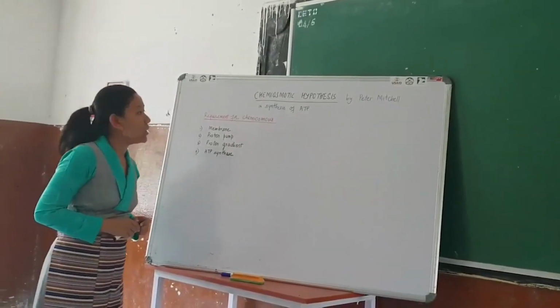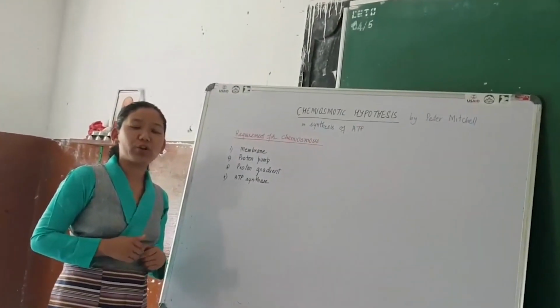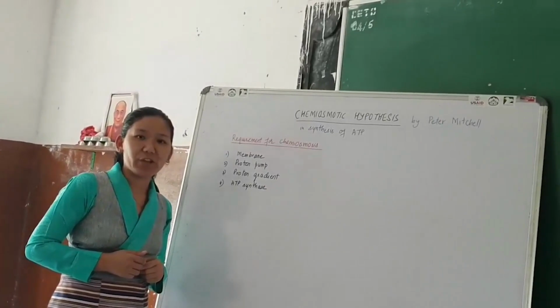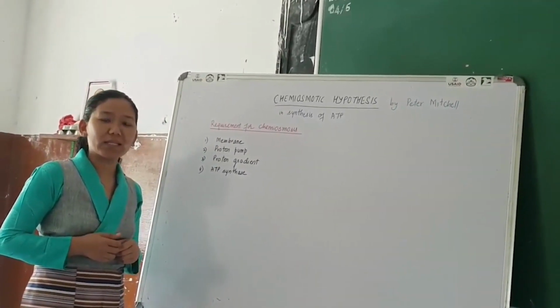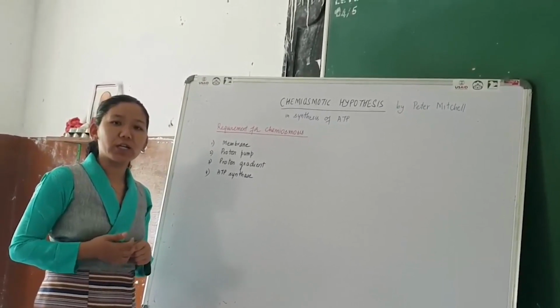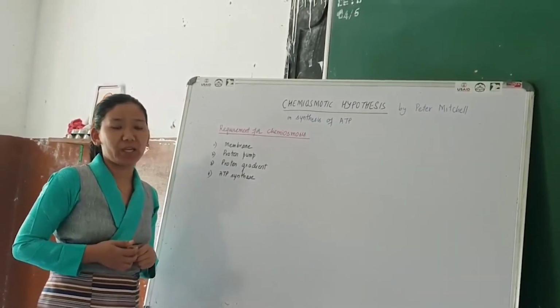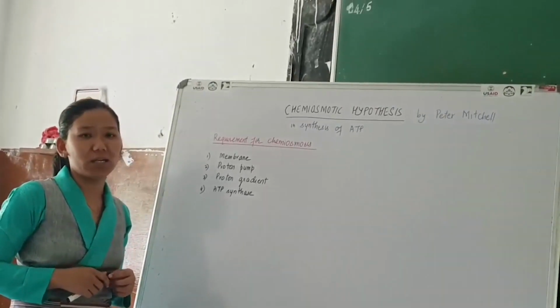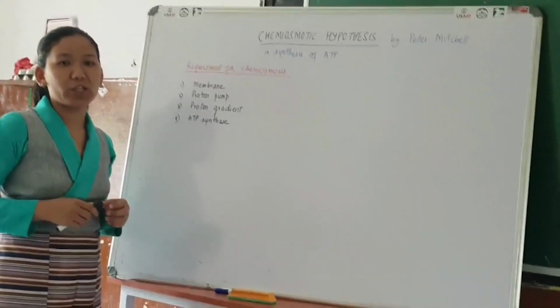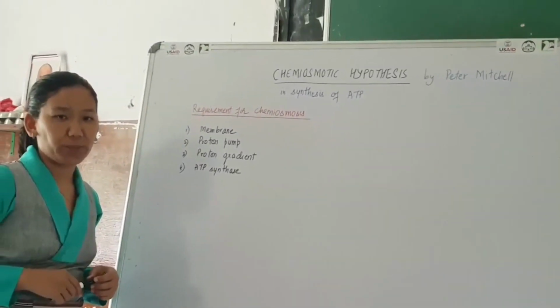So in the earlier class we talked about the light reaction or light-dependent reaction of photosynthesis, wherein we discussed the production of the currency of energy, that is ATP. In today's class, let us see how this ATP synthesis occurs during photosynthesis, especially in the light-dependent reaction.